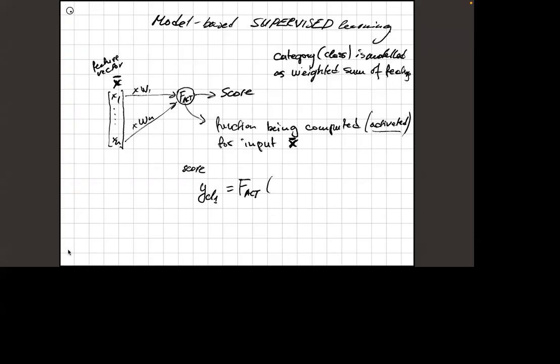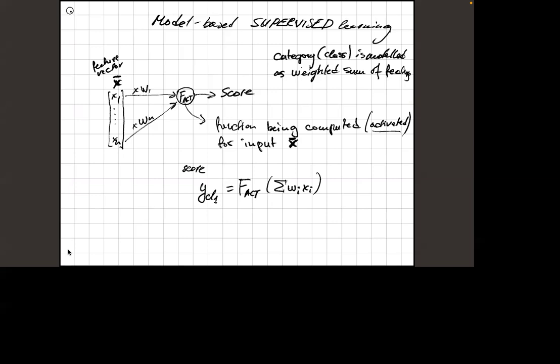So it's some function, and then we put a weighted sum of features. And again, this model is very natural, so to say.